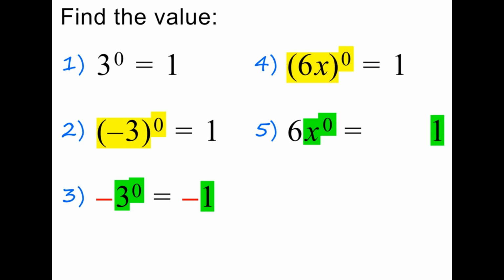And x to the power of 0 is equal to 1. Are we finished? No, the 6 in front needs to stay in the answer. Please note, this is actually 6 times 1. So the final answer is just 6. Please pause to study this important information.